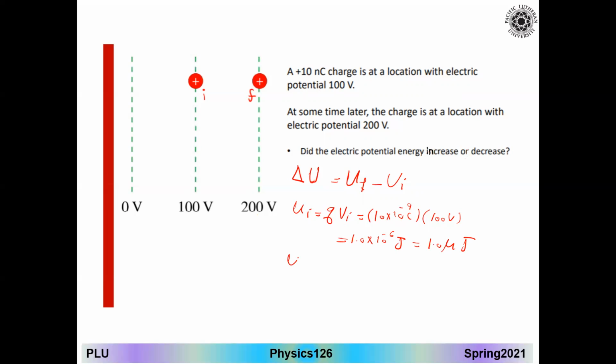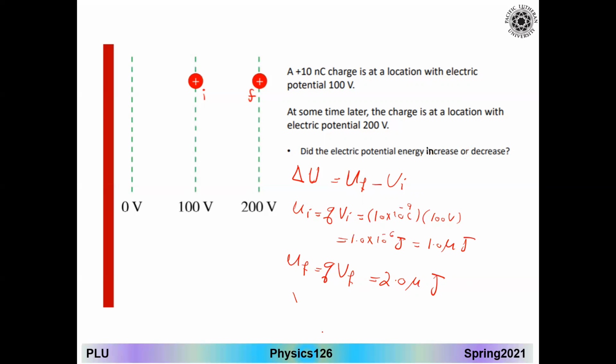For the final, it's basically the same, the only thing is times 2. Here it is Q multiplied by V final, which gives you 2 microjoule.